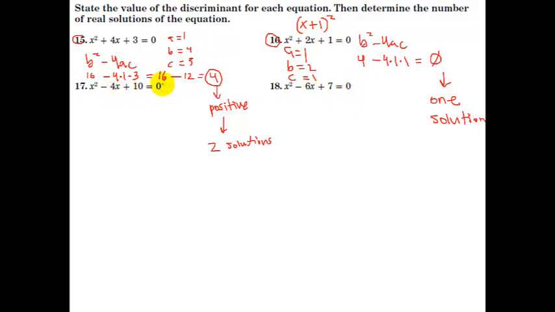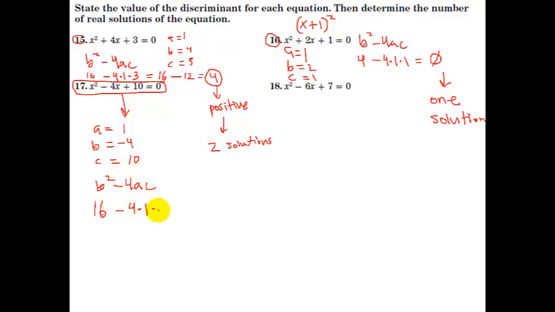Okay, let's try this one. Number 17. Our a value is again 1, b value is negative 4, and c value is 10. So our discriminant, b squared minus 4ac, b squared is negative 4 squared, which is positive 16, minus 4 times a is 1, times c is 10.